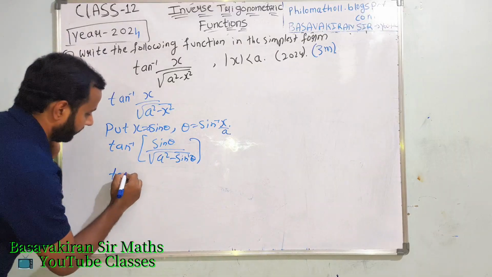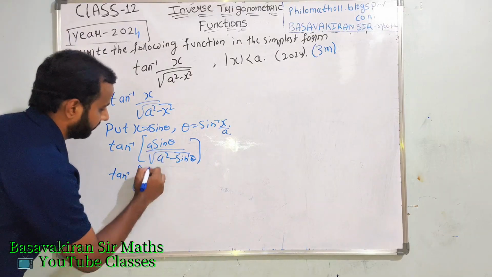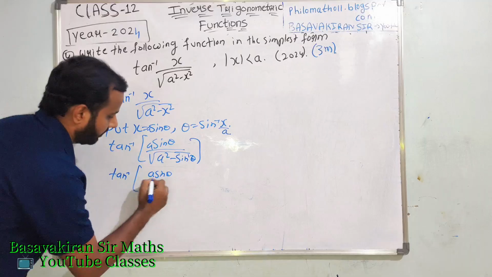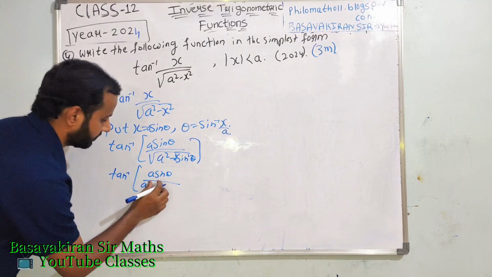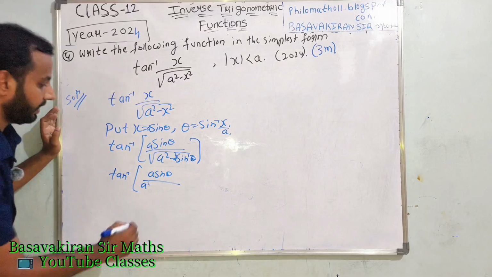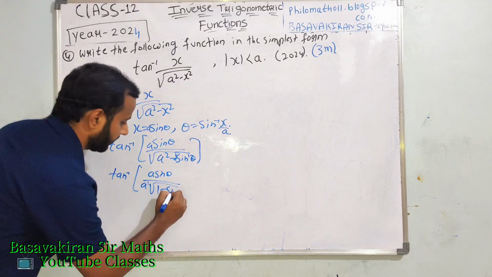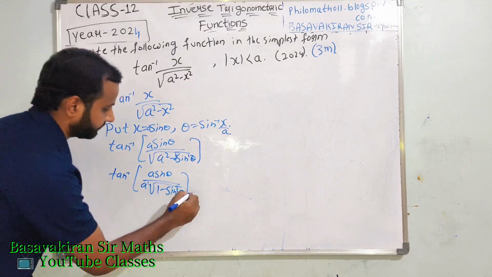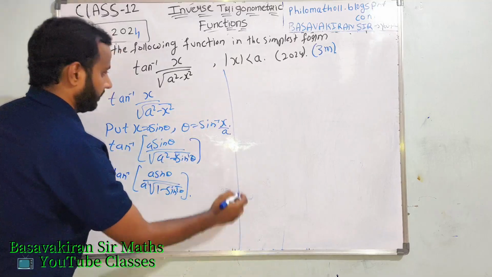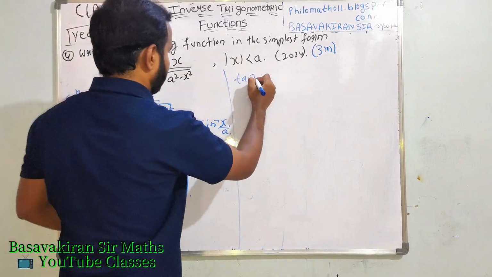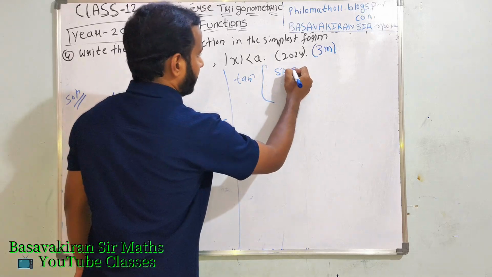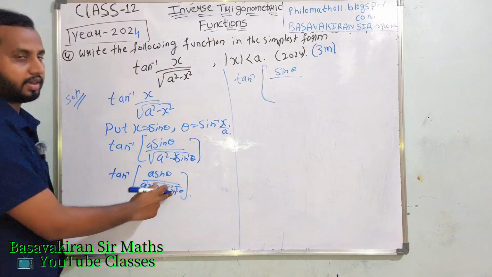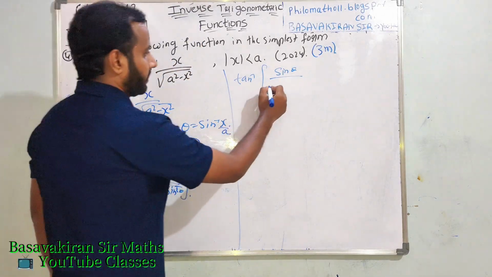Let us write again tan inverse of a sin theta divided by, taking a square common here. If I take a square common, it comes out of the root as a, under root of 1 minus sin square theta. Next, tan inverse of, a gets cancelled, sin theta divided by under root of cos square theta, since 1 minus sin square theta is cos square theta.